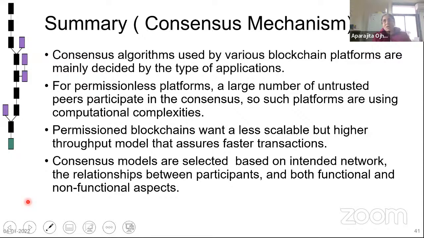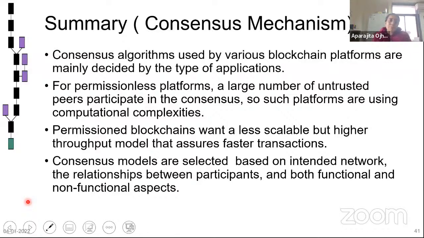Then what amount of my tuition fee paid to X university will be shared to Y university? That kind of consensus can also be a consensus mechanism where only 2 parties are involved out of the 10, say NITs or IITs or all those universities, right?